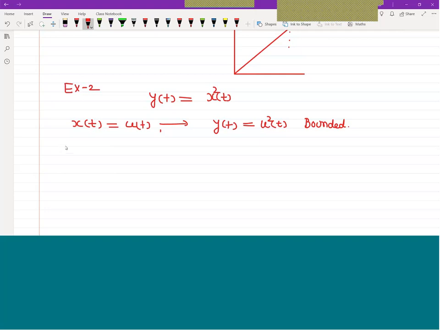So we are having example number 3, and we are interested in the stability of the system.